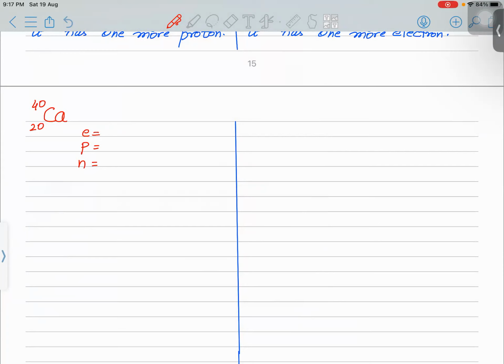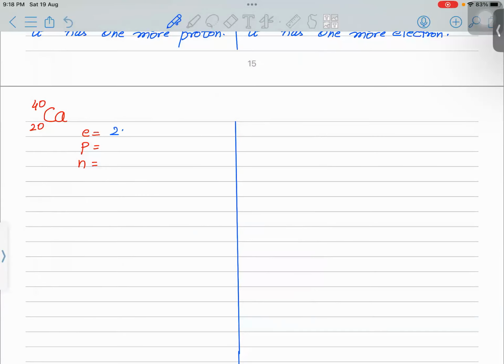The electrons here are 20. The protons here are 20 also. And for neutrons, it's 40 minus 20, which is 20.